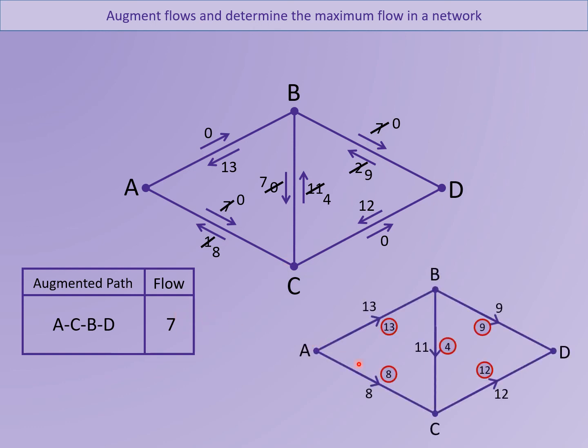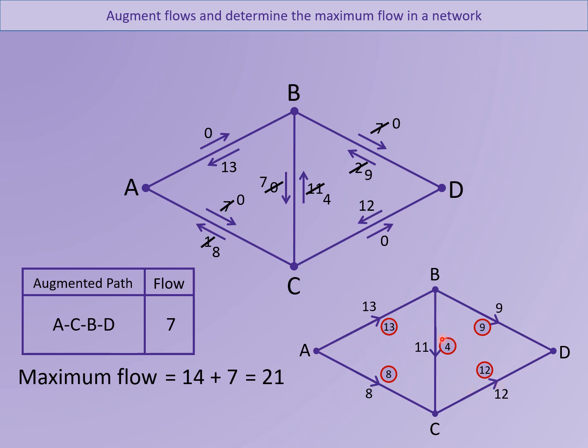And if you remember what you had before, the 14 plus that 7 should get you a maximum flow of 14 plus 7 equals 21. Even though we couldn't do it initially because there was a mistake and we had to correct the mistake, the flow augmentation algorithm sorts that out for you.